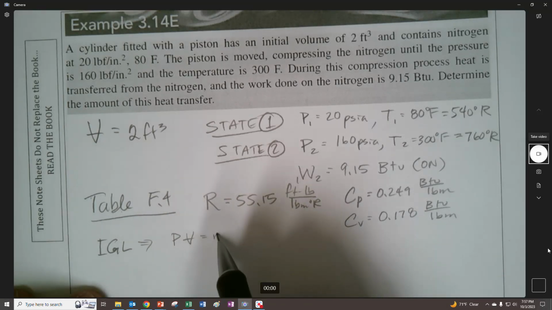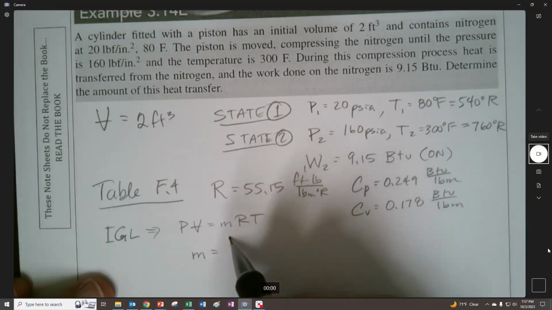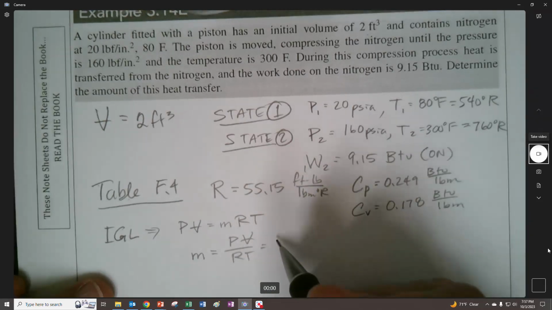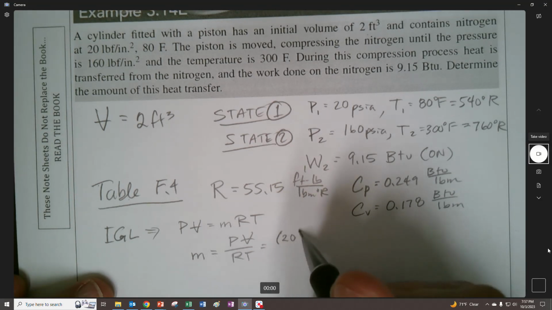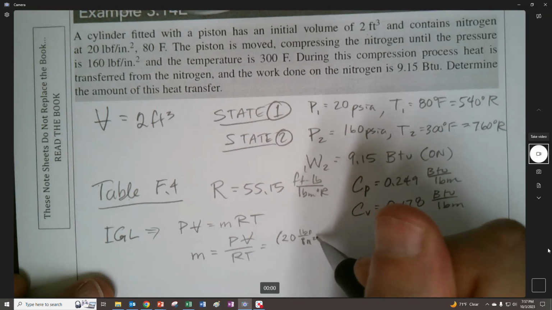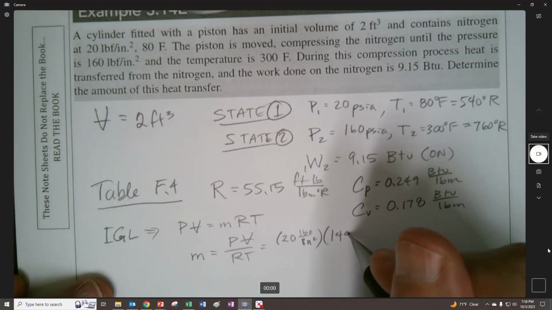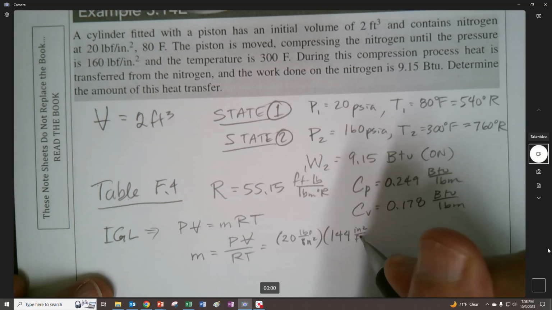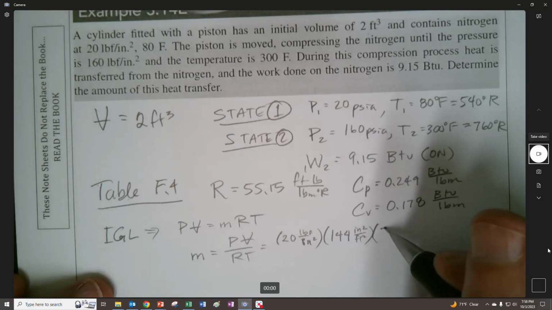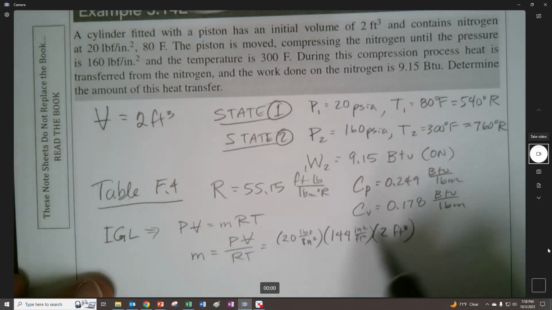PV equals mRT. So we can find the mass by dividing PV by RT. Careful with the units. Pressure at state 1 is going to be 20 psi, but we need pounds force per square inch. Let's turn that into pounds per square foot, inch squared over feet squared. The volume is 2 cubic feet, so that's compatible with that.